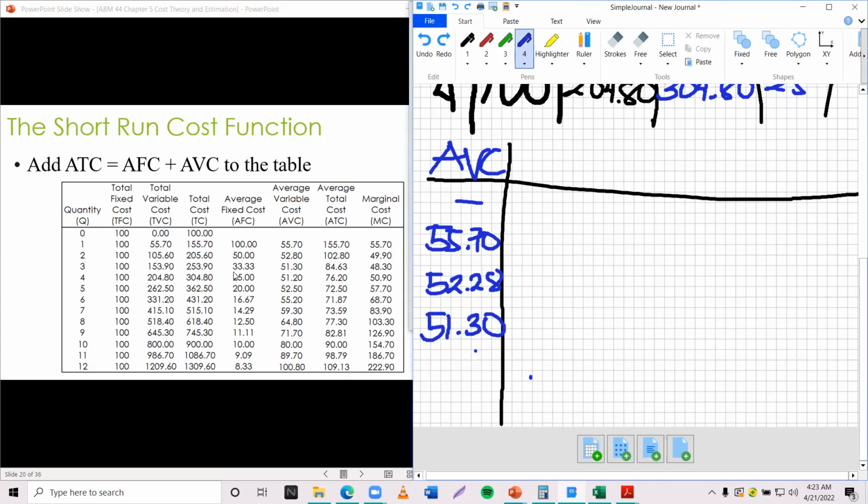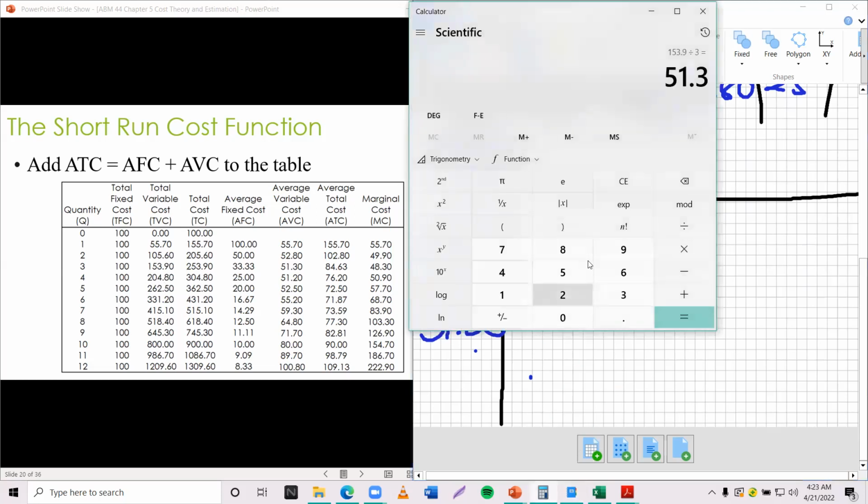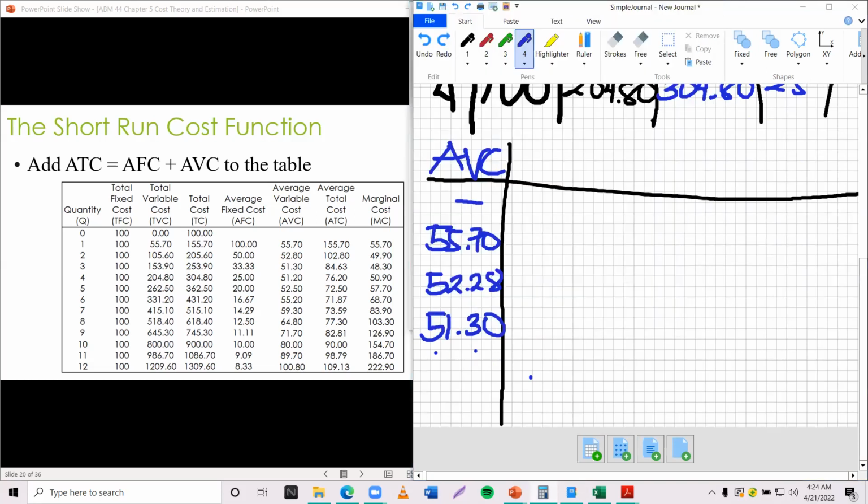And lastly, 204.80 divided by 4 gives you 51.20. So this is the average variable cost.